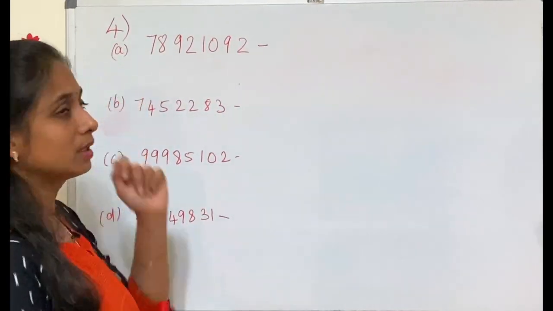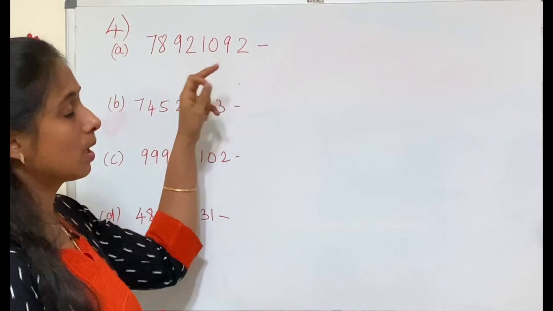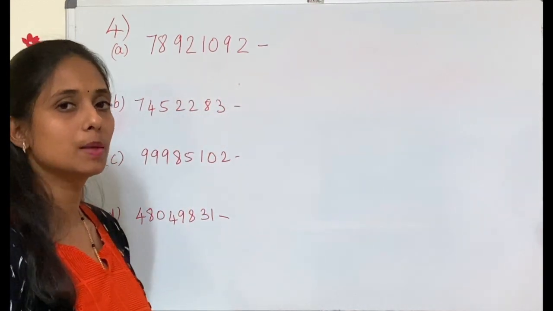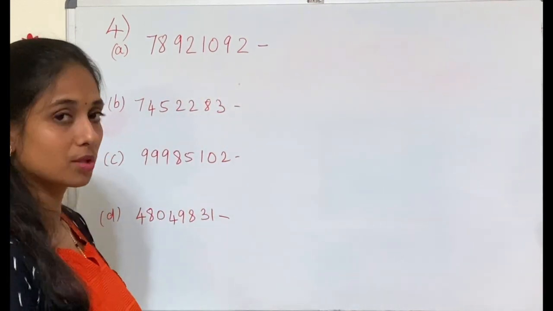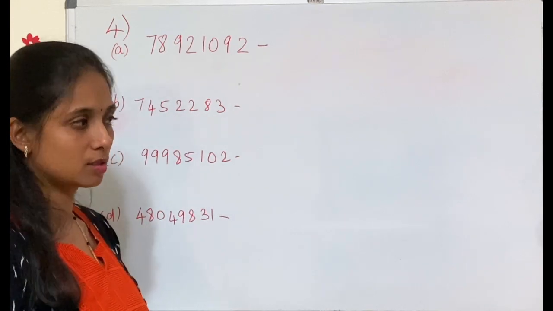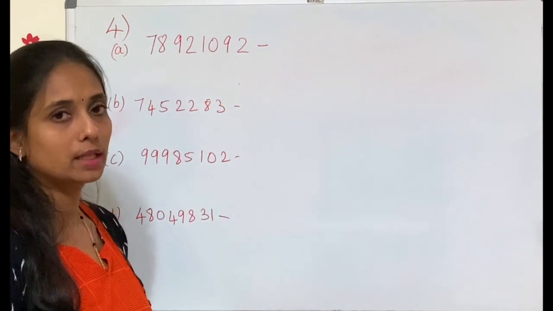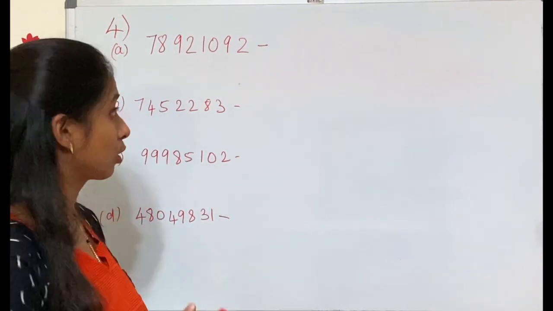Okay. The fourth one is we have to place the commas and write the number names in the international system of numeration. The previous sum was the Indian system of numeration. Now we are going to write the number names in the international system of numeration.